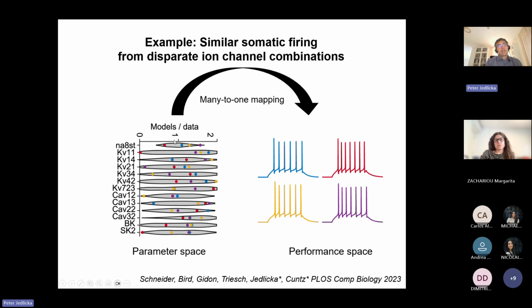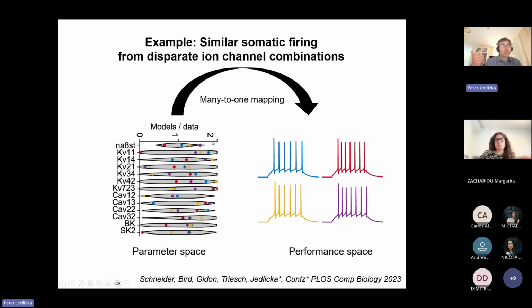This y-axis, but now it's turned, represents the expression of different ion channels. So you see here these 15 different ion channels, and 0 means that the channel is missing, and 2 means a twofold increase in the expression. In modeling, that would be the maximum conductance of the channel. So twofold increase with respect to what?